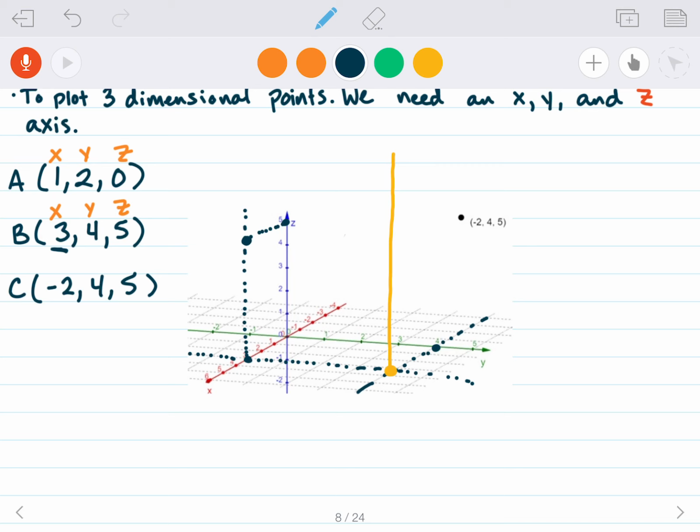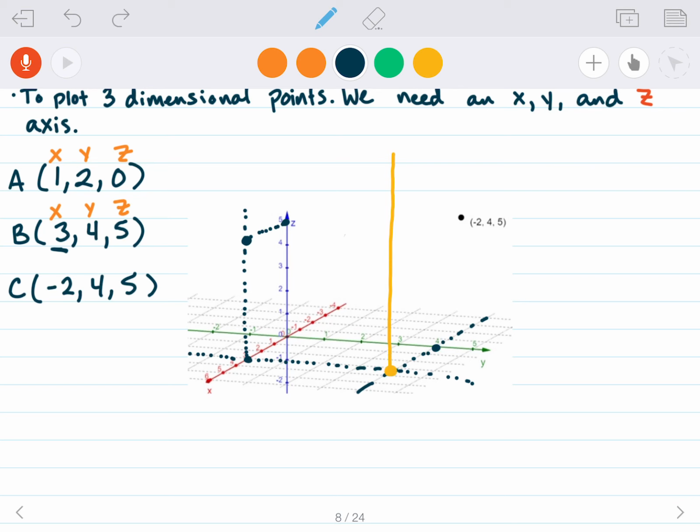Now I need to go 4 units in the direction of y, which again is going to hit this yellow line right here, right? Because this occurs when y is equal to 4.